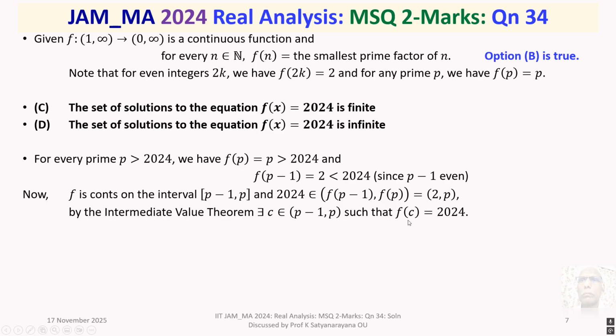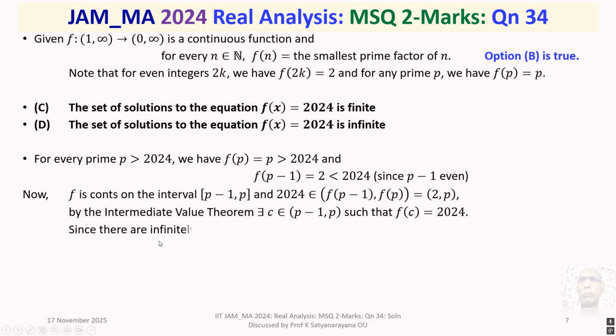It assumes every value between them. That is precisely what the intermediate value theorem says. And there exists a c belonging to the open interval p minus 1 to p such that f of c is equal to 2024. And this happens for every prime number p. For every prime number p, you can find a c.